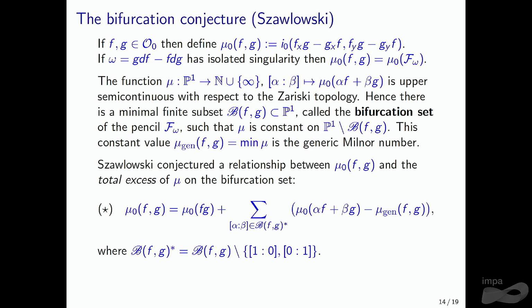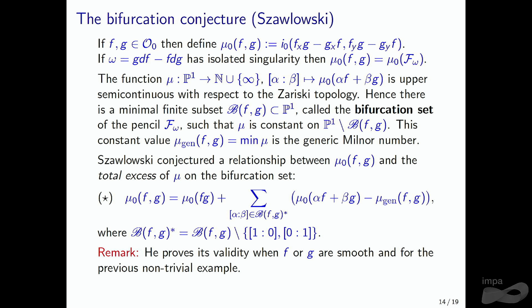And he proposes a formula about the total excess of the Milnor number. So here is a finite sum, over bifurcation fibers, of the Milnor number of the special fiber minus the generic Milnor number. And he proposed this formula as a conjecture.